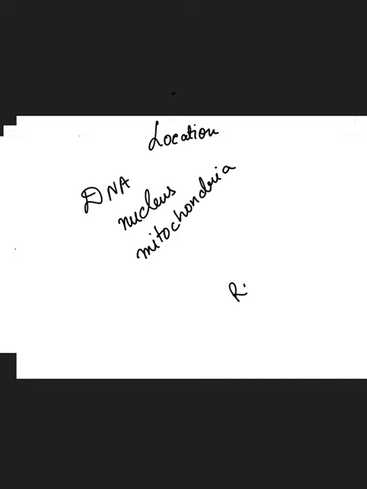Whereas RNA is found in the nucleolus, and it can also move to specialized regions of the cytoplasm depending upon the type of RNA formed. So this was the difference based on location.